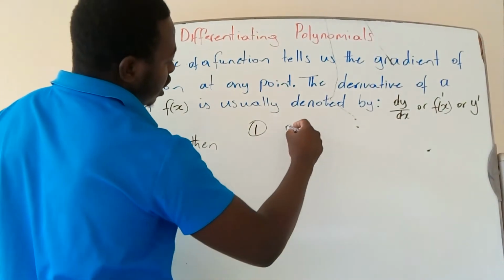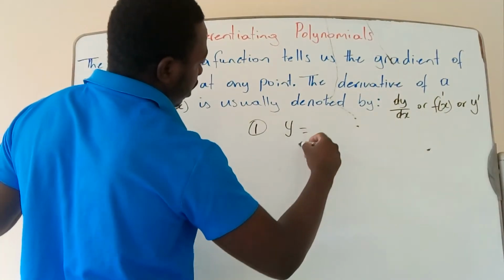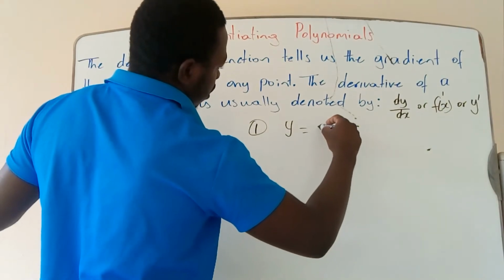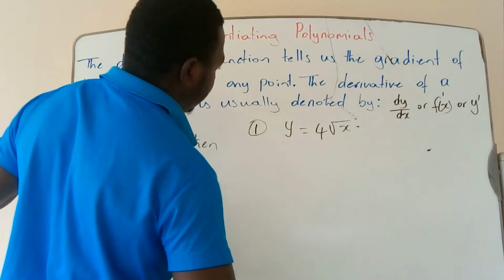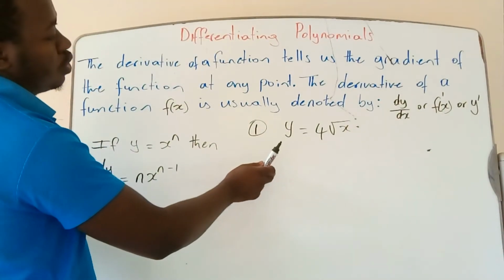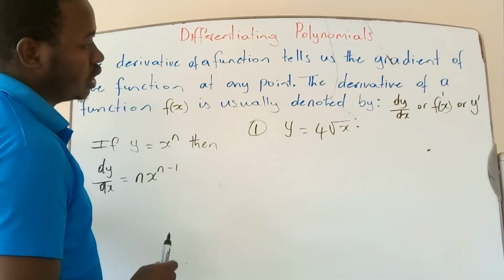Let's say we have a function and the function is y equal to 4 root x, and you are asked to differentiate this function.